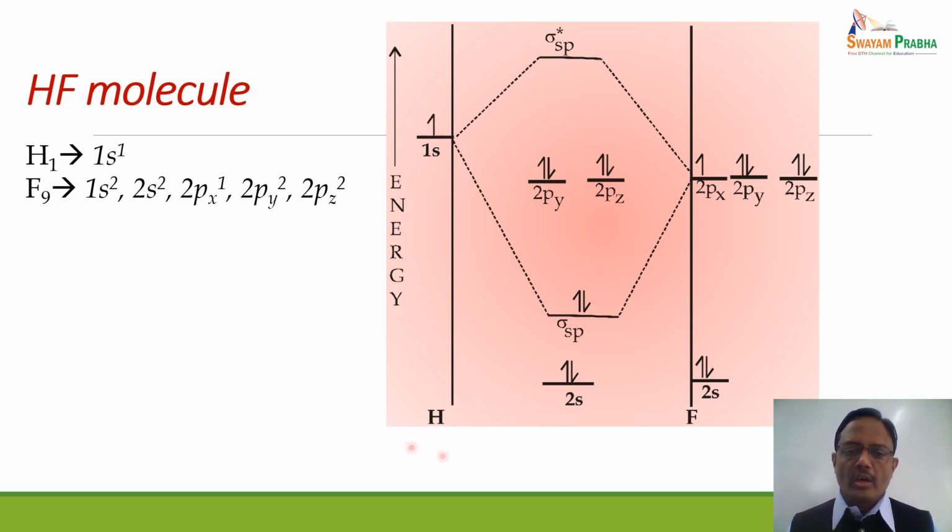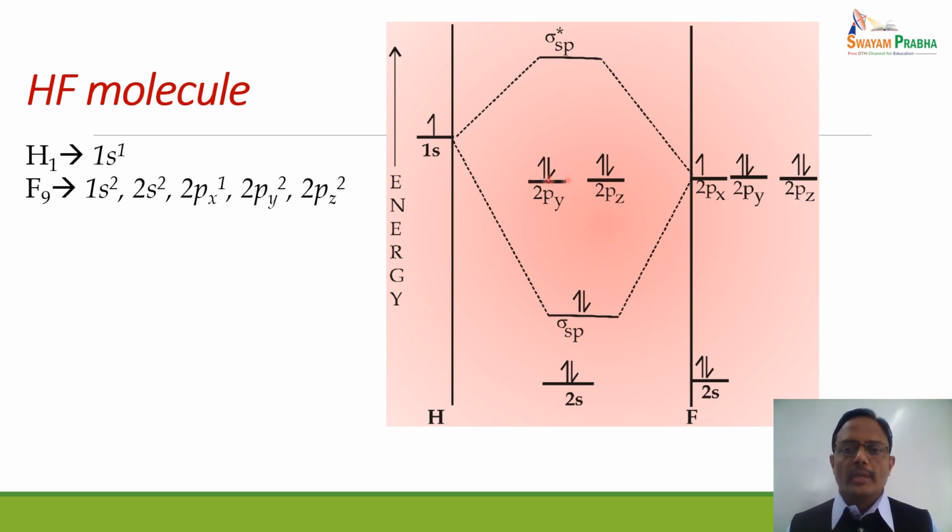Now this is the atomic orbital of hydrogen, this is the atomic orbital of fluorine, and these are the energies of the molecular orbitals in HF. There are 7 electrons in fluorine and 1 electron in hydrogen, so overall 8 electrons are to be filled, and they will be filled as 2s2, sigma sp2, 2py2 equal to 2pz2.